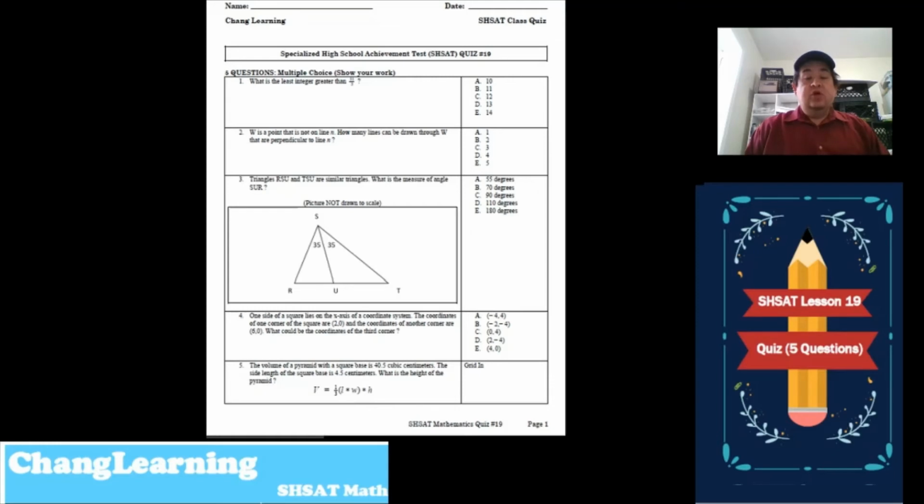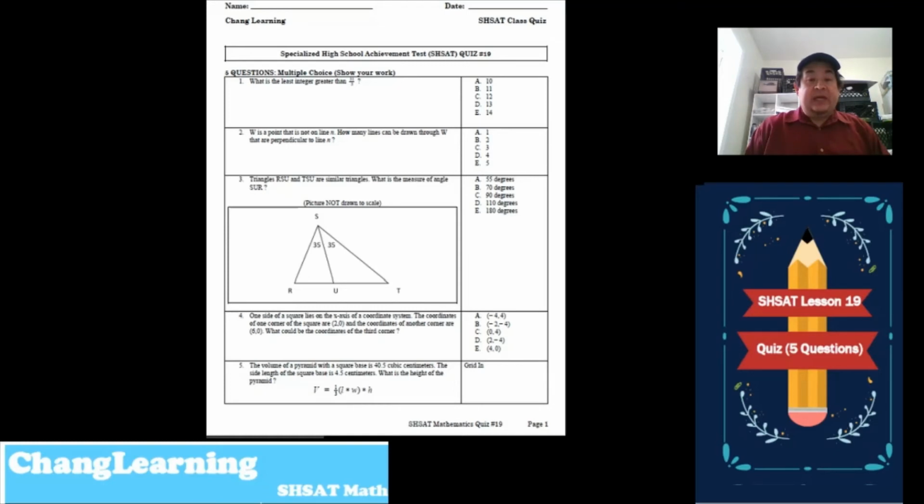Question 3. Triangles RSU and TSU are similar triangles. What is the measure of angle SUR? The picture is not drawn to scale. In the figure provided, at the base of the figure, are vertices R, U, and T. Up above is vertex S. Angles RSU and UST are 35 degrees and 35 degrees.